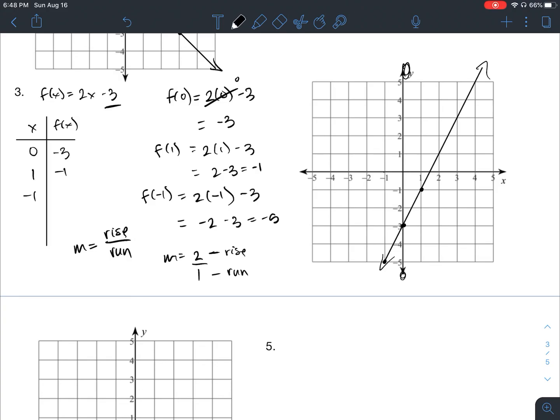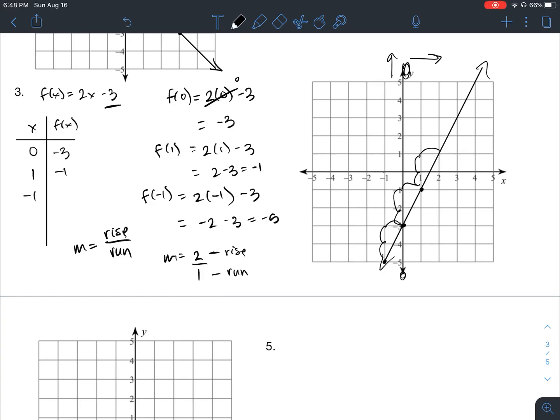Rise is up this way, and our run is over this way. So from one x value to another, we are going up 2, our rise is 2, and our run is 1. Up 2 and over 1.